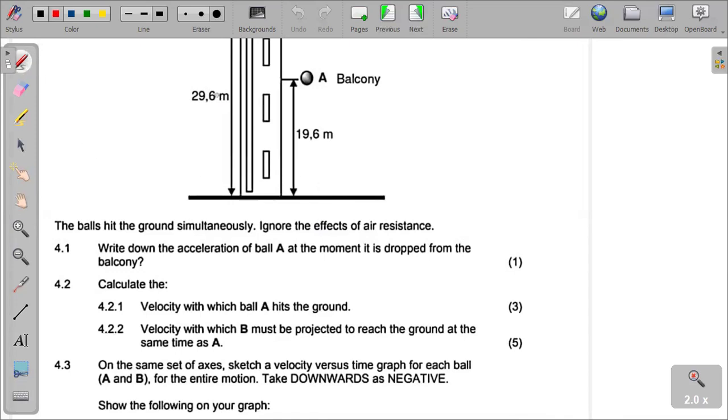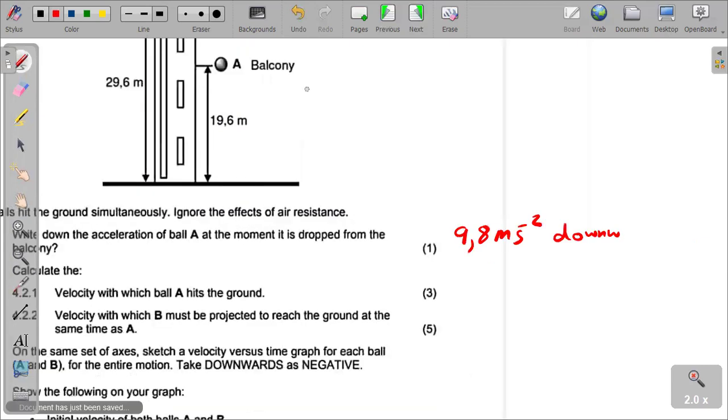It is always acting downward because the only force acting is the gravitational force. So we'll simply say 9.8 meters per square second downwards. Even the direction we know, so that's downwards. Let's go to the next question.